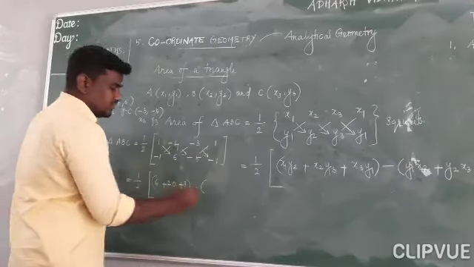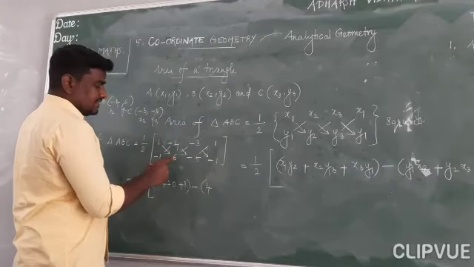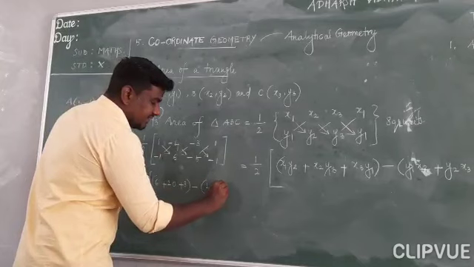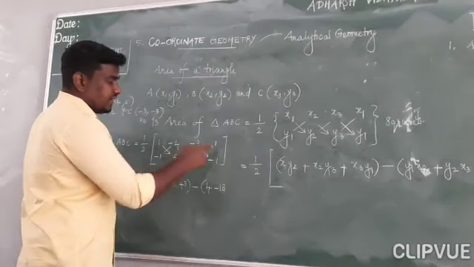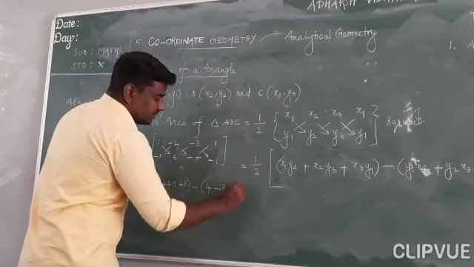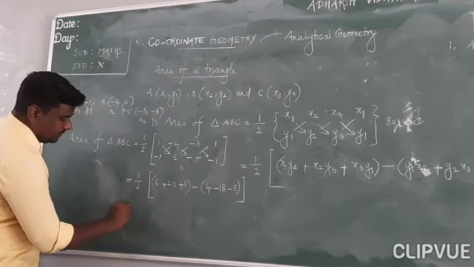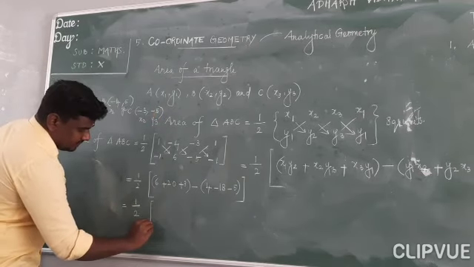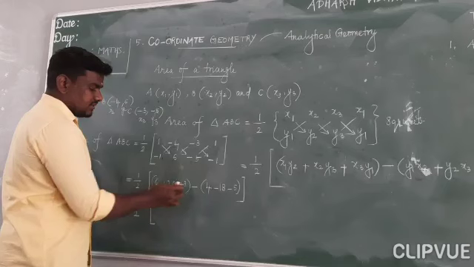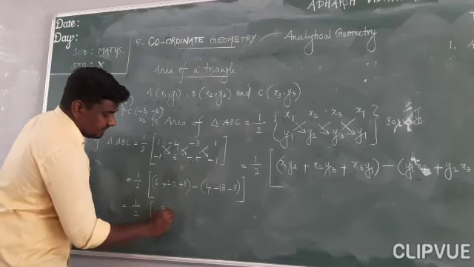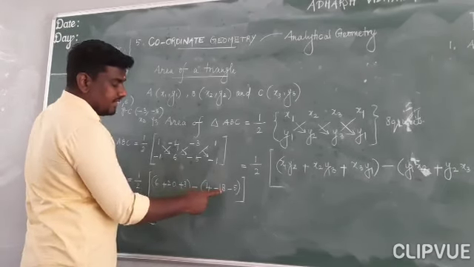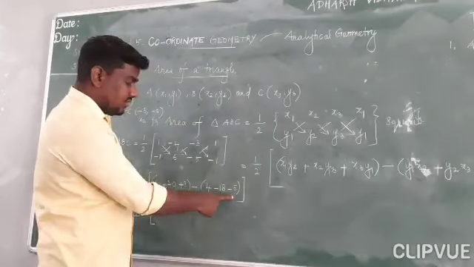Minus 1 into minus 4, 4. 6 into minus 3, minus 18. Then minus 5 into 1, minus 5. So now simplify it. 6 plus 20 plus 3 gives 29. Minus 18 minus 5 gives minus 23.